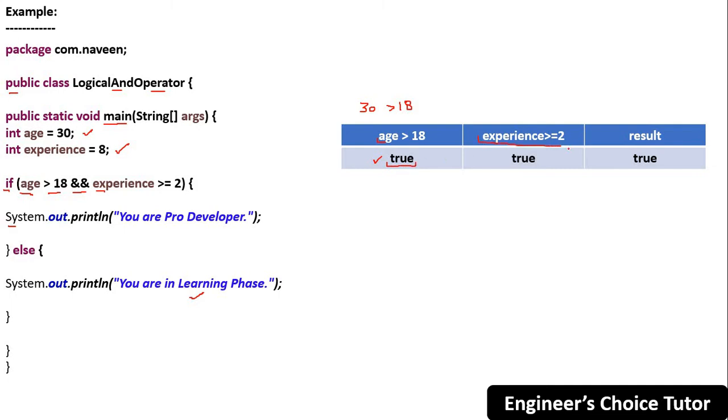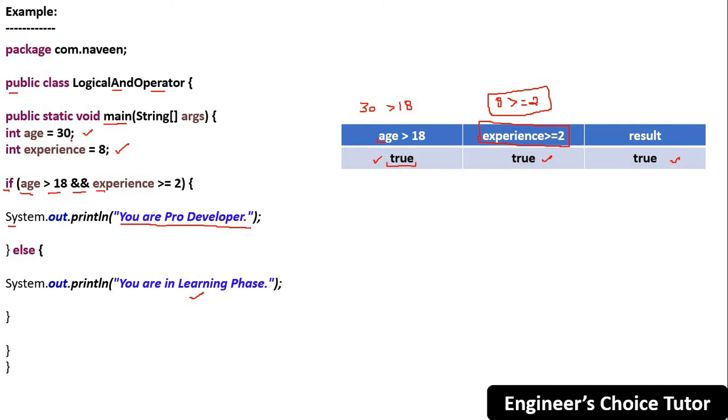So this evaluation will take place: experience greater than or equal to 2, which means 8 greater than or equal to 2. This is perfectly true. 8 is greater than 2, right? So true and true is true.